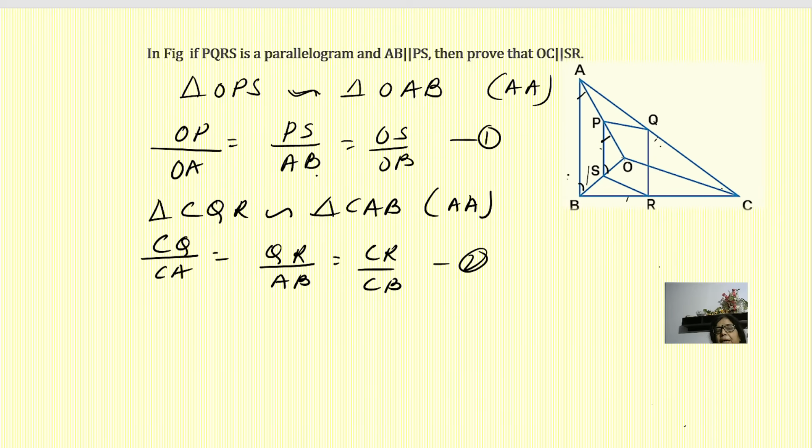Now PS by AB and QR by AB: PS is equal to QR. So I can say that CQ by CA is equal to CR by CB, which is also equal to PS by AB, because QR is equal to PS. So we get OP by OA is equal to PS by AB is equal to OS by OB, all of them are equal.